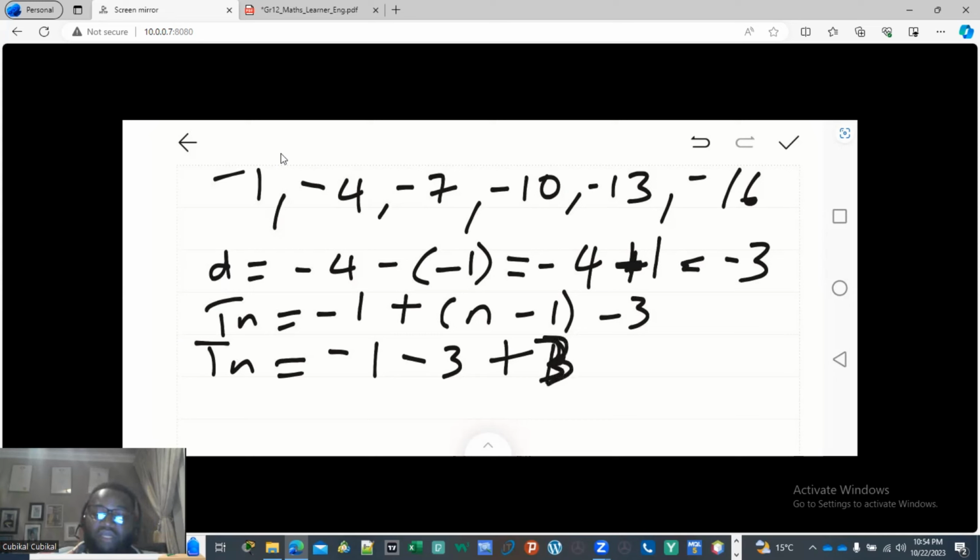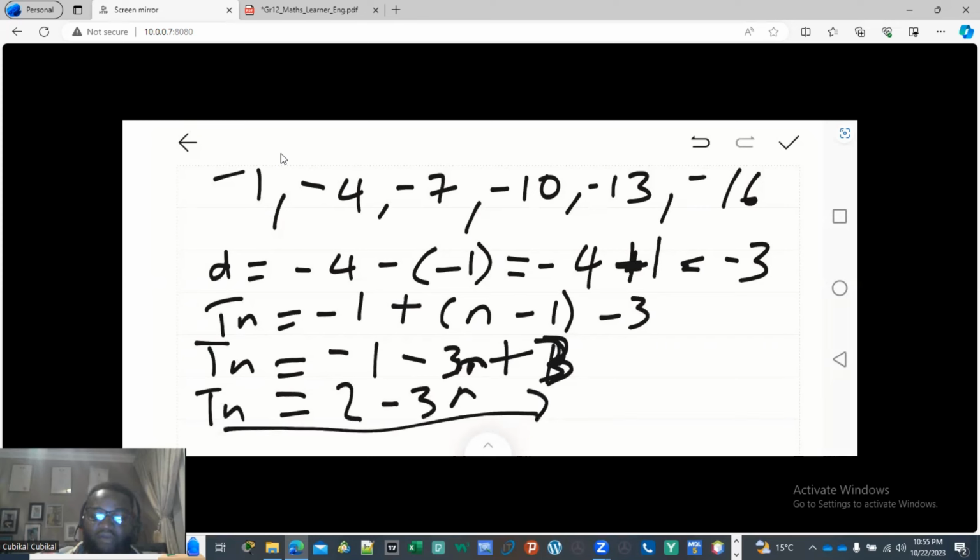This is because a -1 multiplied by a -3 is going to give you a +3, and then you're having an n here. Let's not forget about that. Then now, you're going to say Tn is equivalent to 2 minus 3n.